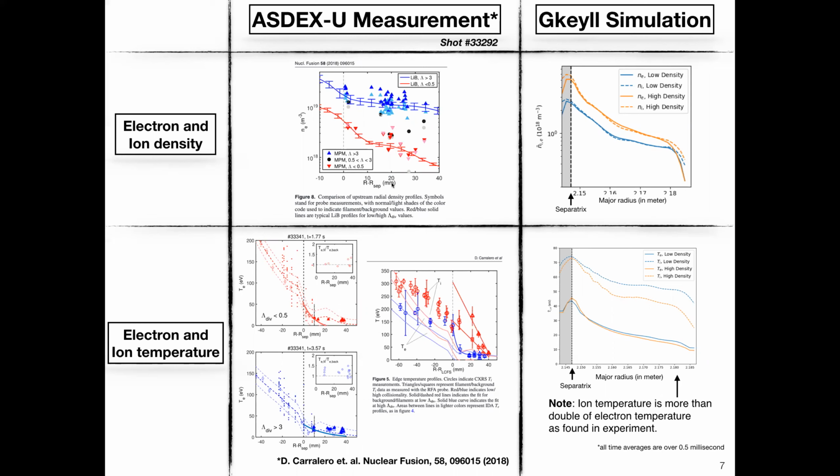The ion and the electron density and the temperature profiles appear close to the experimentally measured values. I want to stress again, we provide the input density and temperature values at the initial time of our simulation only at the separatrix region. These profiles are self-consistently evolved as our simulation is performed.